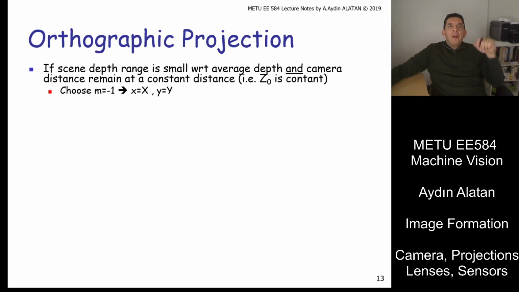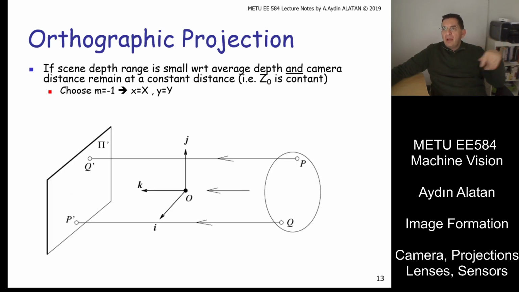For orthographic, the scene depth range is very small with respect to depth, and the camera distance remains constant. For all your images, you have the same constant, therefore this Z0 is constant. Therefore, you have this kind of relation. Choosing m equal to -1, you obtain a very, very simple relation. That simple relation simply says you have a pinhole system, but they are really far away from each other.